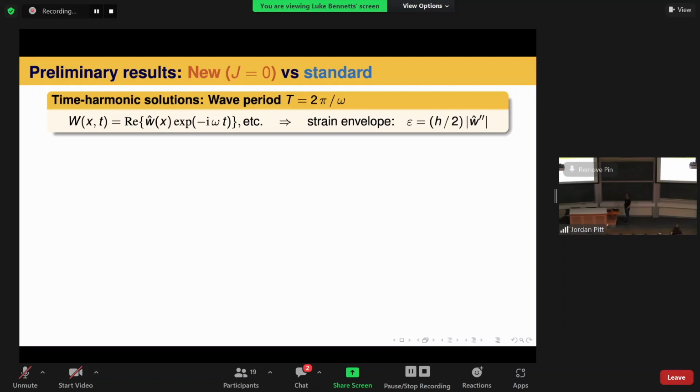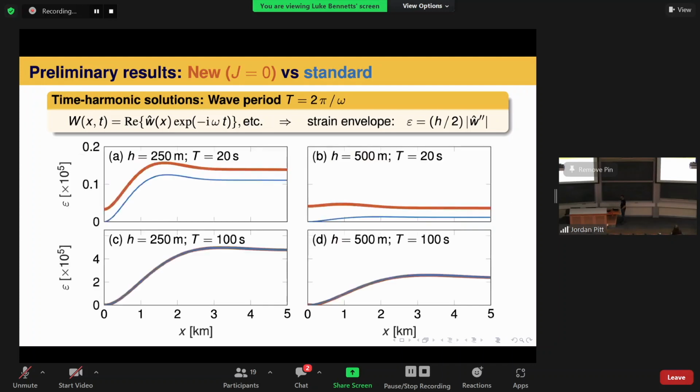So it's a partial test of the new approximation. But the crucial thing that it has is the coupling of the ice edge. And in fact, the only differences between what I'm going to show you, the new stuff and the old stuff, comes at the ice edge conditions. And I'll be showing you comparisons in terms of flexural strains, epsilon, at specified incoming wave periods, capital T.